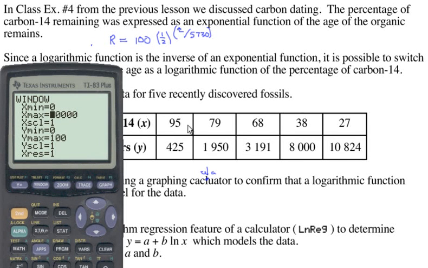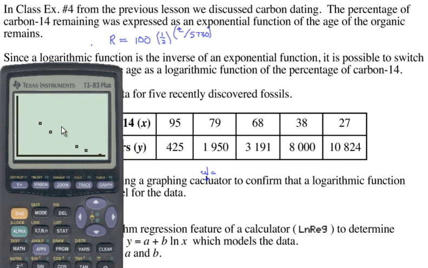We want our numbers to go from 0 to 100, essentially. And for our number of years, we need to get to at least 10,000. I'm going to go to 20,000. So 0 to 100% carbon, and age in years. Graph that. There we go.